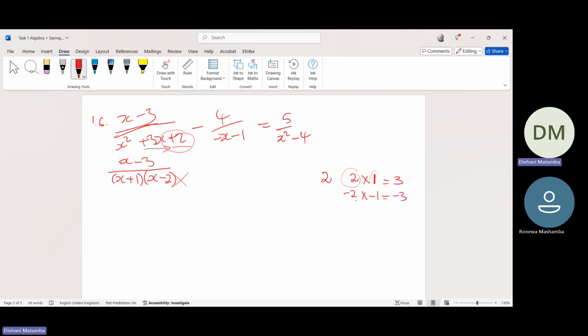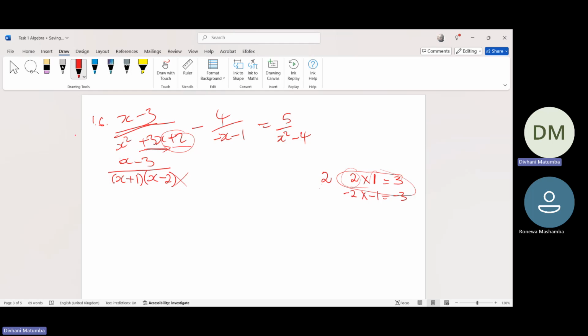If you multiply minus 2 times minus 1, you will get 2. On both of them, you will get 2. These are the factors of 2. So which factors give me the middle term? Is it the first one or the second one? The first one.